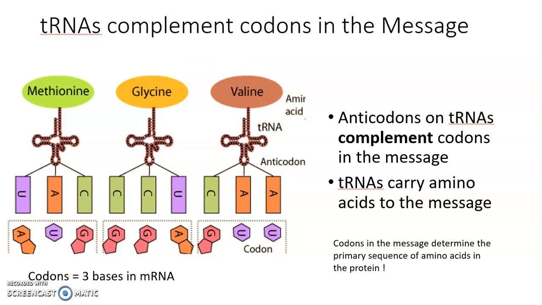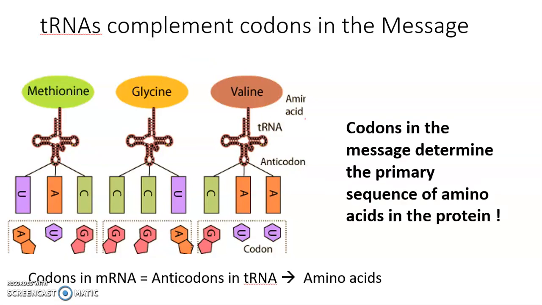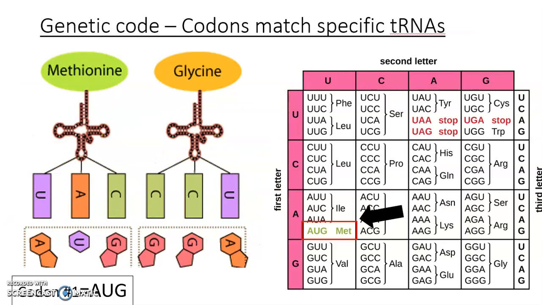Think about it as codons in the message being equal to anticodons in the tRNA, and that's going to be equal to the amino acids. And if we look at this process, there is a thing out there known as the genetic codon table, or the genetic code. This is something that was actually discovered by Francis Crick after he got the Nobel Prize with James Watson. He went ahead and looked at what the DNA is used for inside the cells.